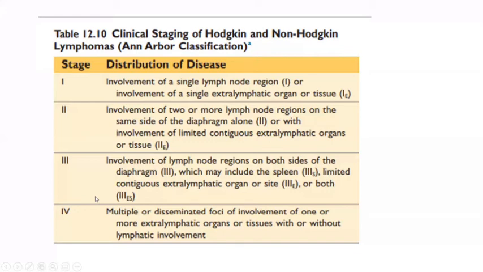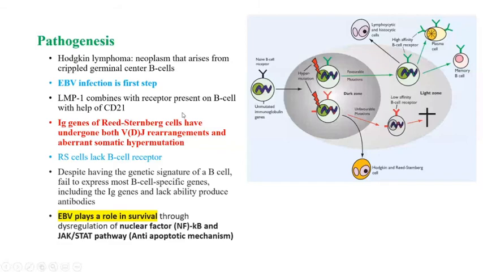So what is the pathogenesis? Epstein-Barr virus is the first step in the pathogenesis. The LMP1 present in the Epstein-Barr virus combines with CD21, which is a receptor present on the B cells. So it is all about what I discussed earlier, somatic hypermutation. There will be unfavorable mutations which get selected and they become RS cells.